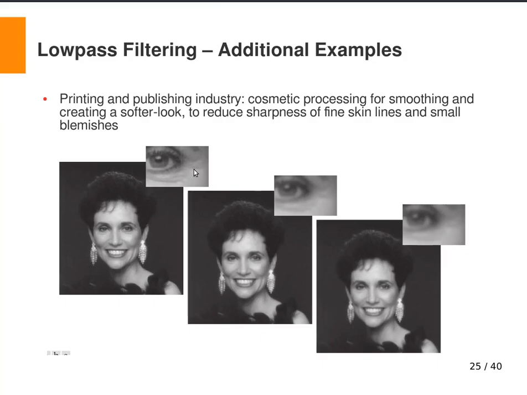If we apply a low pass filter, we can get rid of those fine skin lines. Of course, as you can see, this type of filter smooths the image as a whole. In other words, it smooths indiscriminately. So not only does it smooth out these fine skin lines, but also very sharp boundaries too.